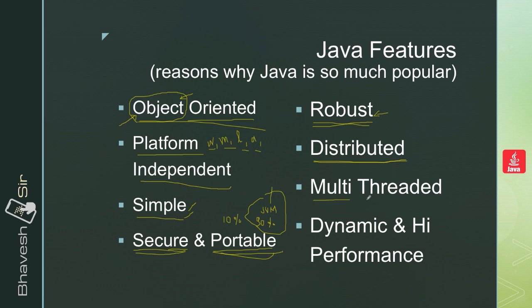The next thing is multi-threaded. Multi-threaded means a number of processes can work together inside a program or application at the same time. For example, if you are watching a cricket match on your TV, you can see a video.